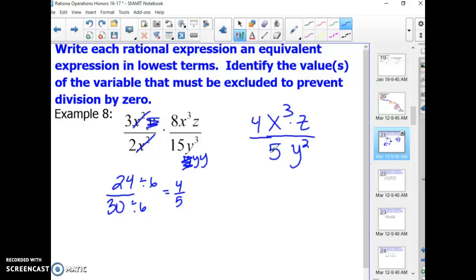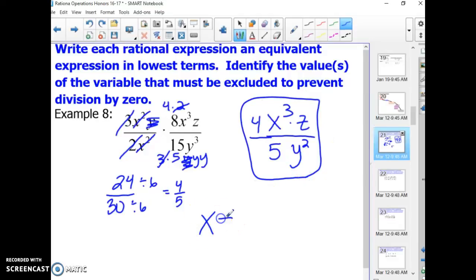Another way to see it is to realize that 8 is 4 times 2, so the 2's are going to cancel out. So then I get a 4. The 15 is 3 times 5. Well, the 3's are going to cancel out, so then I have a 5. So to set up my restrictions on this, x cannot equal 0 and y cannot equal 0.